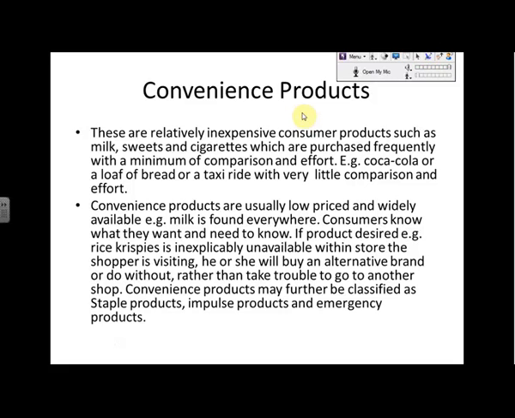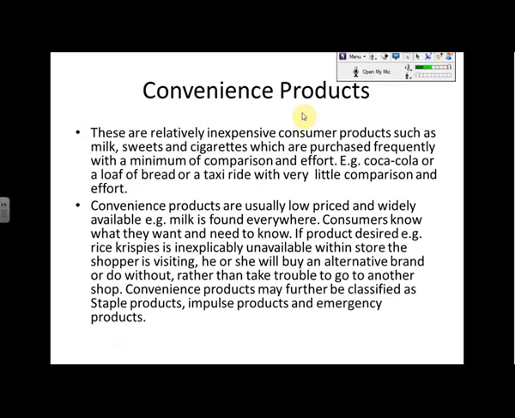For example, Coca-Cola or a loaf of bread or a taxi ride, with very little comparison and effort. You don't have to stop and think to say, I want to buy a drink, I want to buy a loaf of bread. You don't take a lot of time. You don't have to compare. In most cases, you just go and pick. You almost know, because there is brand loyalty.